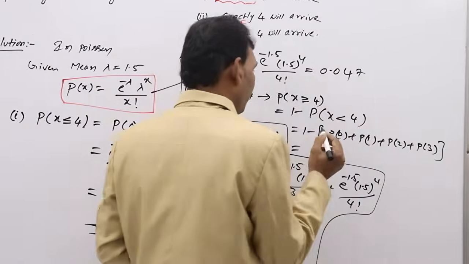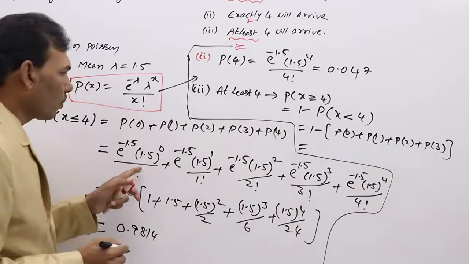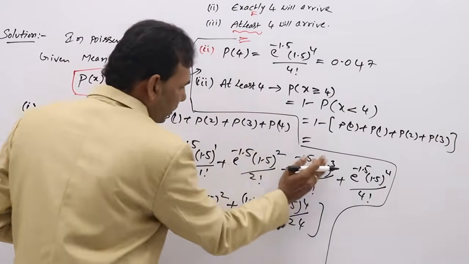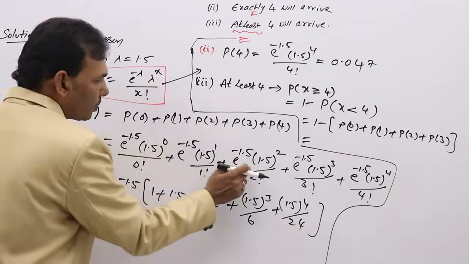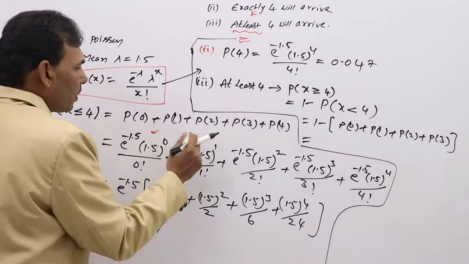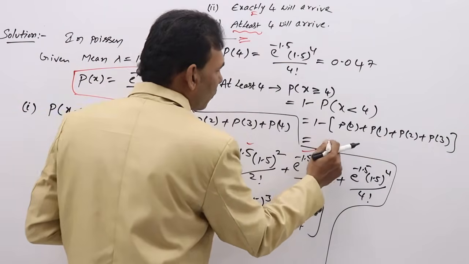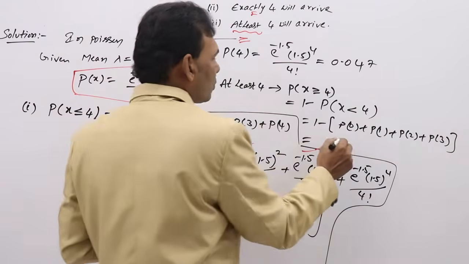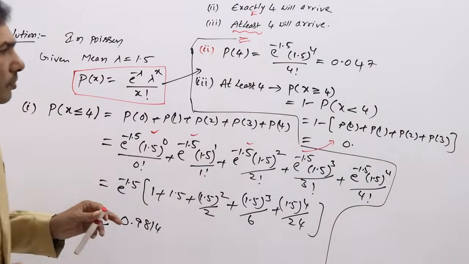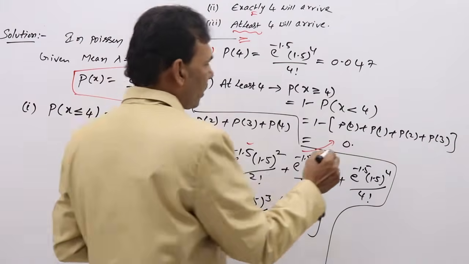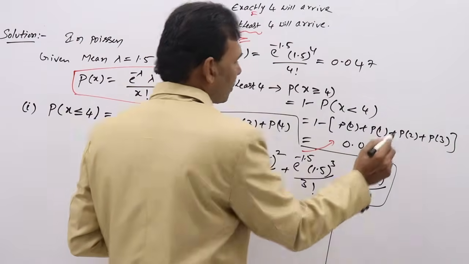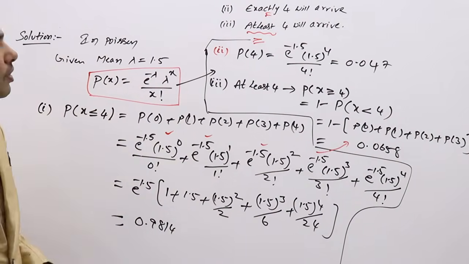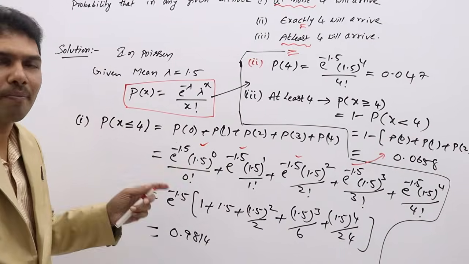This you need to calculate, exactly this one only, excluding this last part. You need to write these three: 1, 2, 3, up to here. If you write this and subtract from 1, you will get 0.0658. So 0.0658 is the probability of getting at least 4 customers per minute.